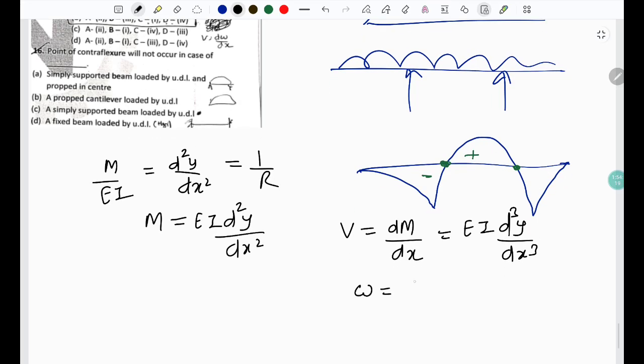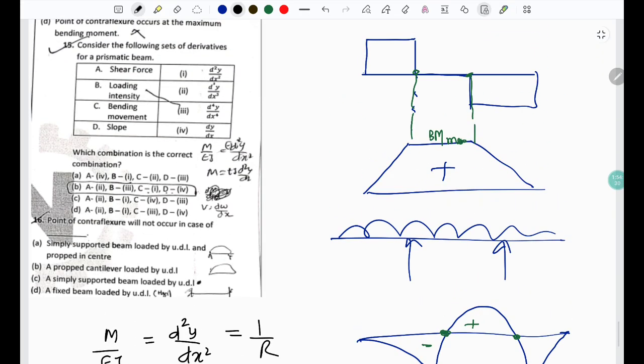Similarly, load intensity, which is written as dV by dx, will be nothing but EI d4 y by dx4. Therefore shear force will be 2, loading intensity will be 3, slope will be dy by dx, and bending moment will be d square. Hence option B is correct.